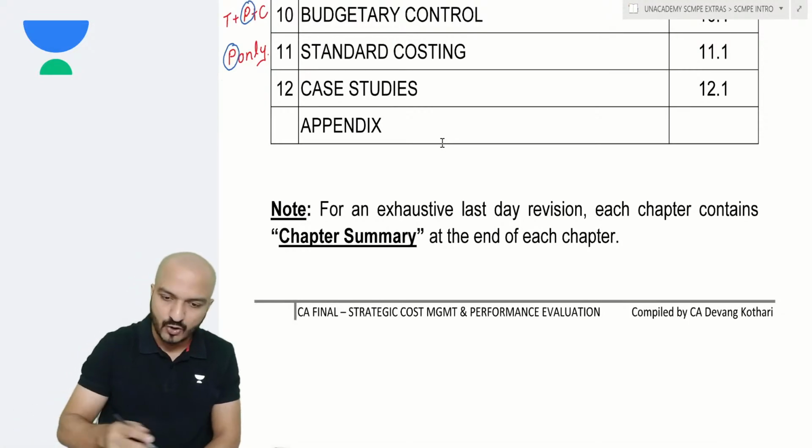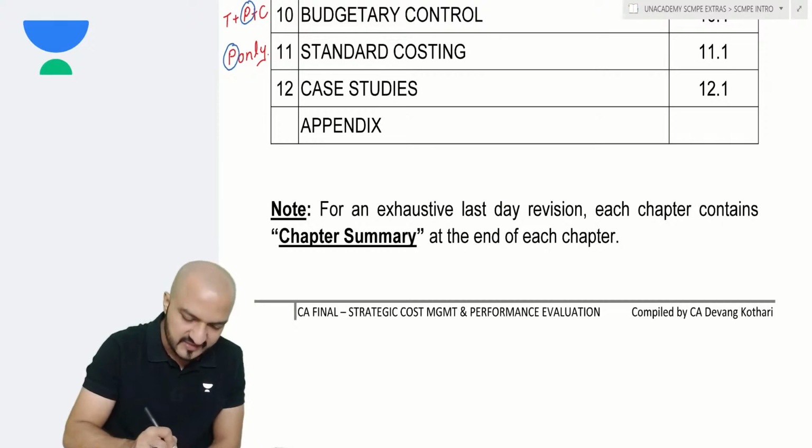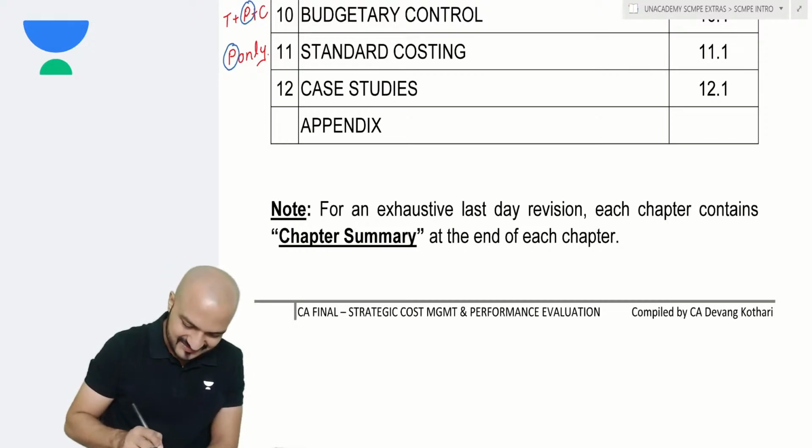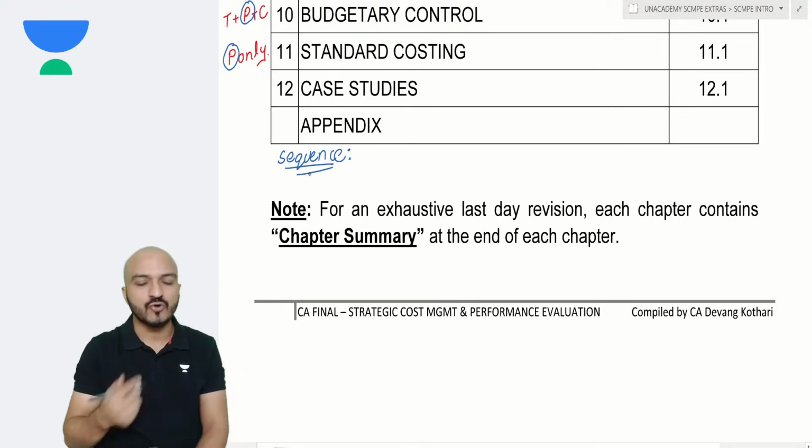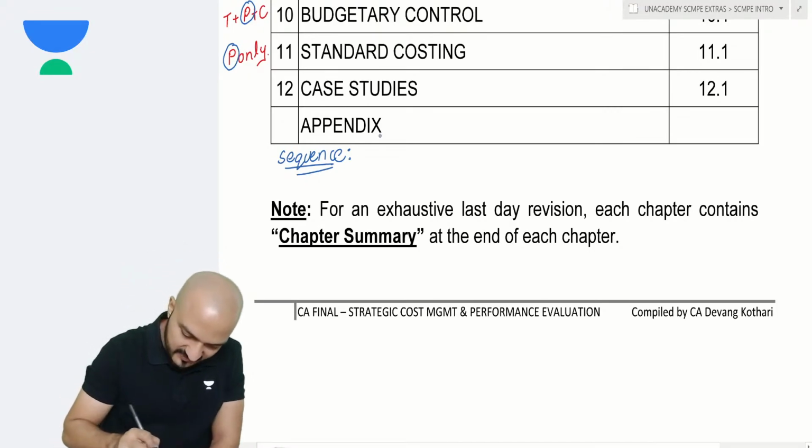But the sequence, how I cover the entire syllabus, is a little bit different. Let me tell you my sequence of coverage, so that if you are planning to join the class, you know how to join. My syllabus will be done in 3 phases.